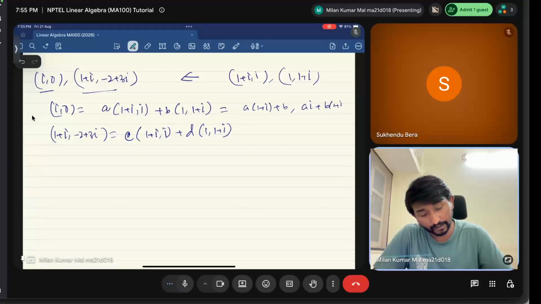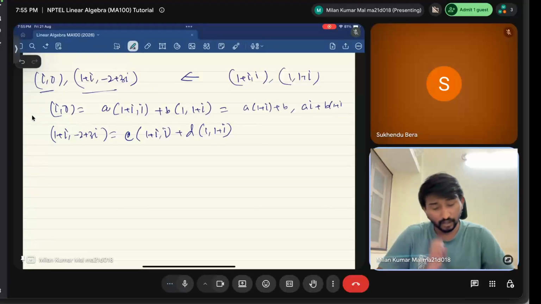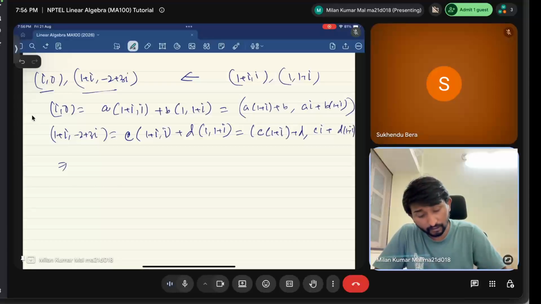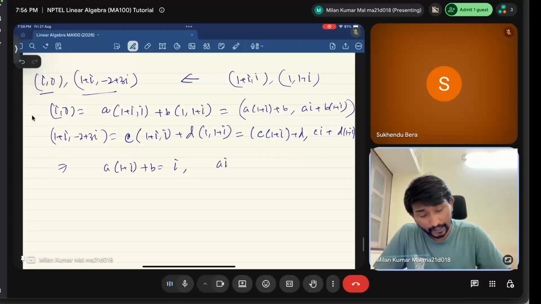And here I can write c of 1 plus i plus d comma ci plus d of 1 plus i. So what we'll get is a of 1 plus i plus b is equal to i. This is the first place, and the second place is ai plus b of 1 plus i is equal to 0.